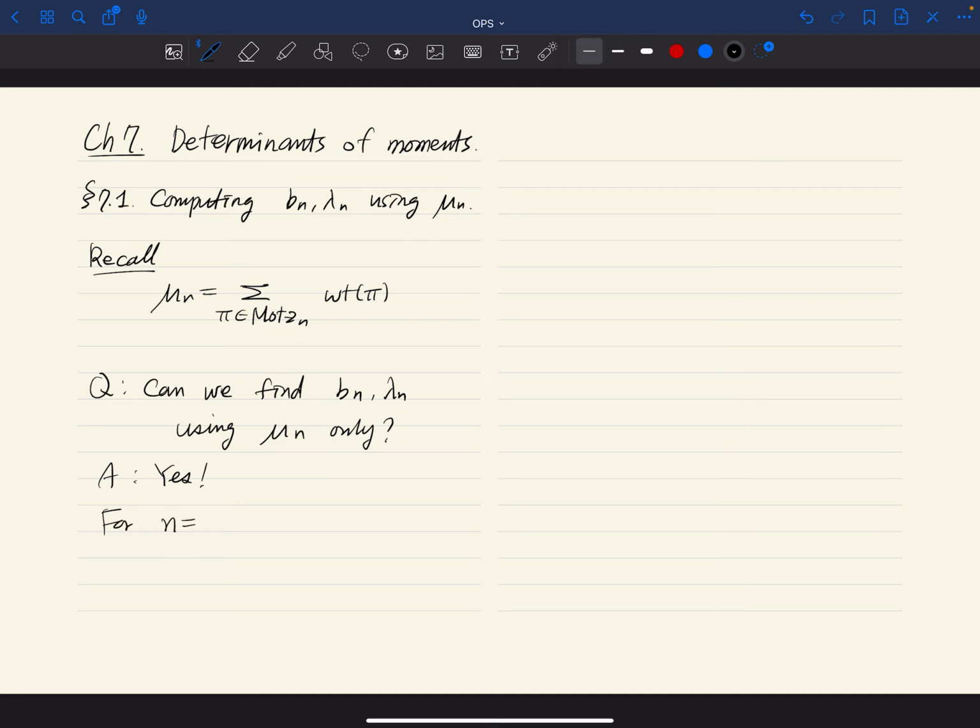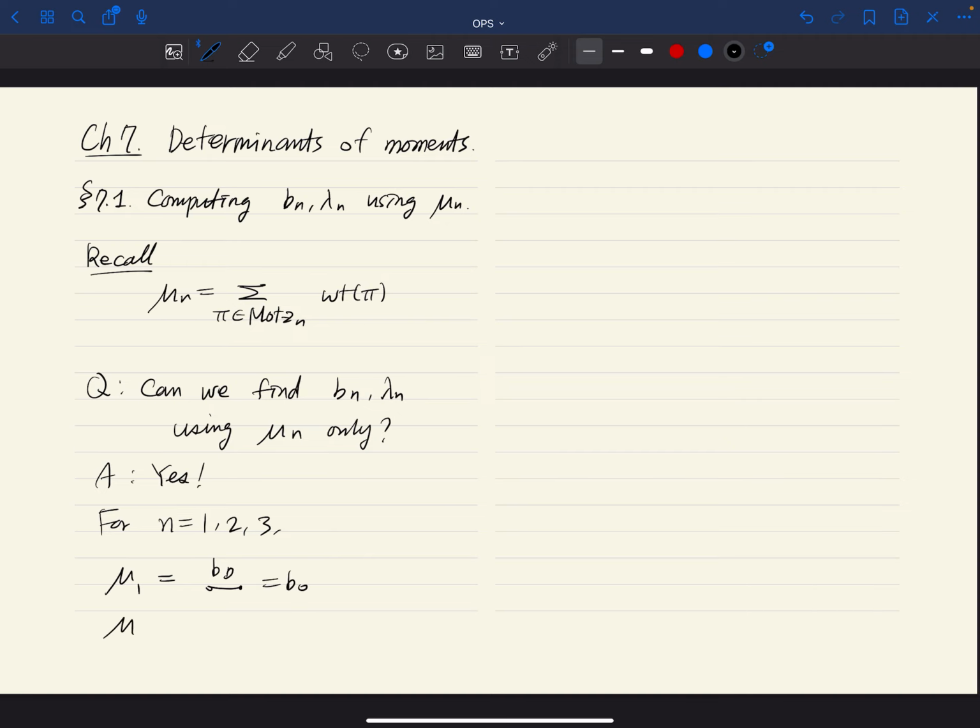For n equals, say, 1, 2, 3, if you compute this formula, what is mu 1? There is only one Motzkin path of length 1, which has weight b0, so this is b0. And what is mu 2? We have either this or this, so the sum is b0 squared plus lambda 1.